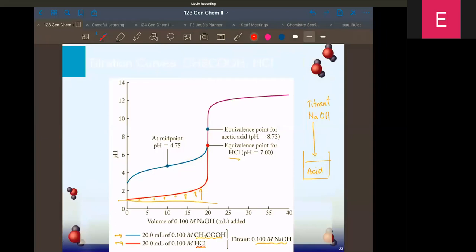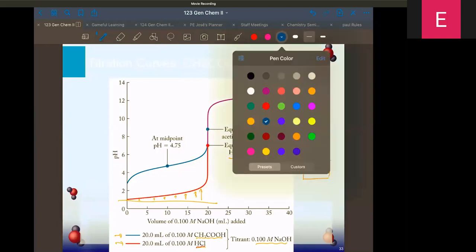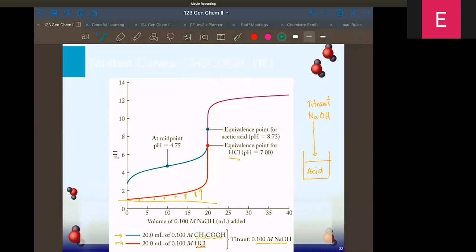Okay, so now let's look at the weak acid, which is the blue. Notice here we start at a given point, and there is a very quick change as we add the base.